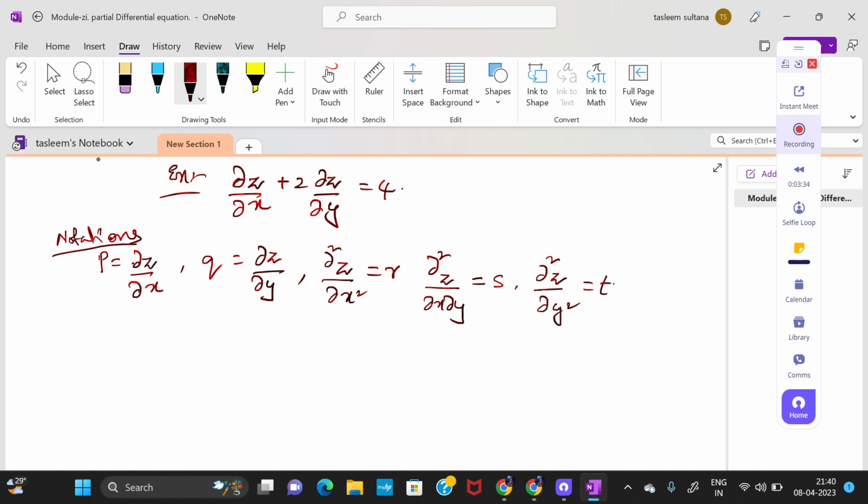These are the notations we are going to use in the formulas for formation of a partial differential equation or elimination of arbitrary constants, and so on.